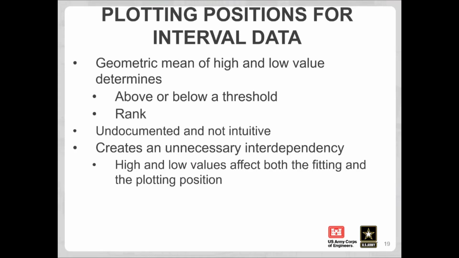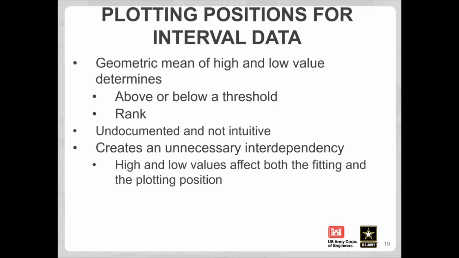So plotting positions, this is a very, very minor thing, but it was just more of an annoyance for me, frankly. Early on, I couldn't figure out, when you enter data as a flow interval, right? So when you put, say, a historic flood in with a low value and a high value, it wasn't obvious what the software was doing and how it was ranking that flood in terms of calculating plotting positions.